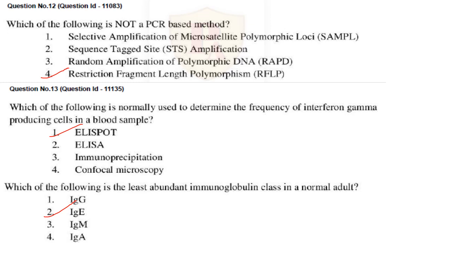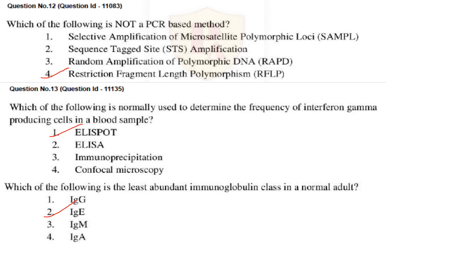Analyte secreting cells means it can be your cytokines or immunoglobulins. So they have asked here for interferon gamma producing cells. So it is ELISpot. That can be determined by the ELISpot method.